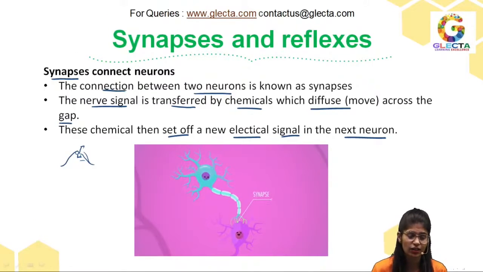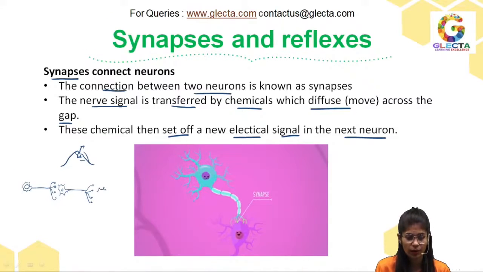What is this exactly talking about? Say, I'm drawing this smaller because I need two neurons. So this is your nerve ending. Then you have the other nerve cell, the body, and the nerve ending, and so on.